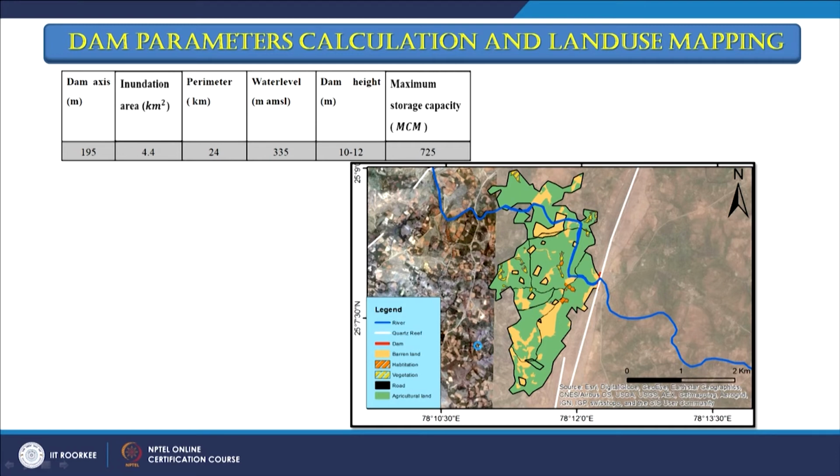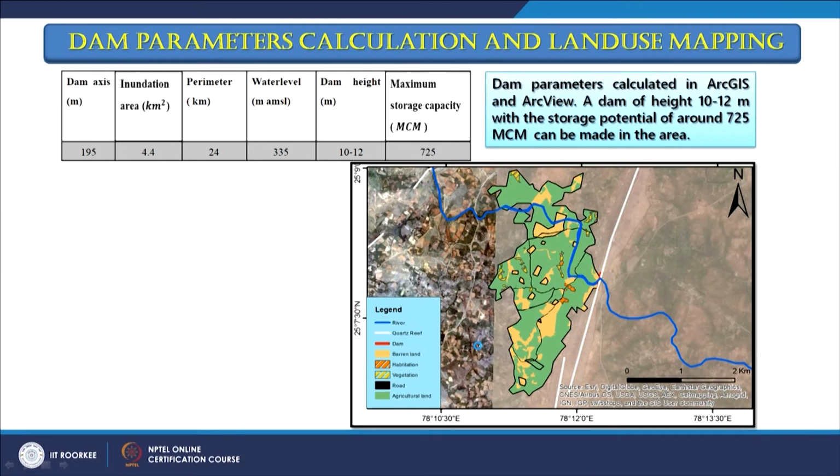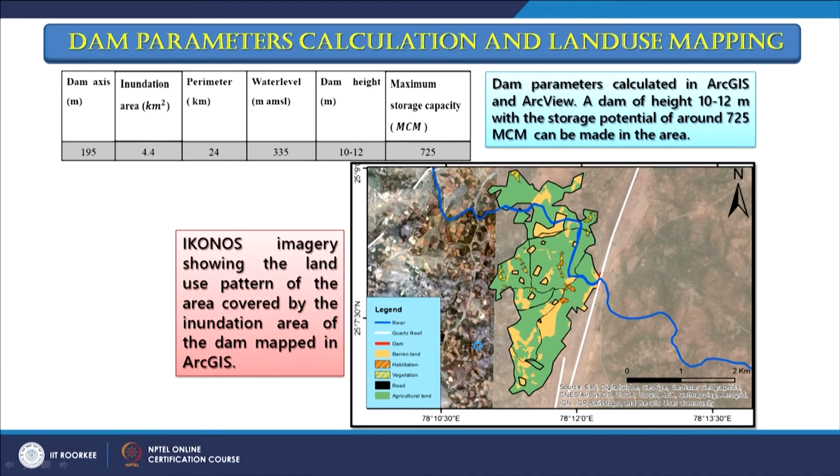Using satellite images, current land use and land cover can be assessed, as has been done for this case. And if you have revenue records and overlay this polygon, the inundated area of the reservoir, you would immediately know whose land will be submerged. If it is acceptable to local people and decision makers, a reservoir can come.